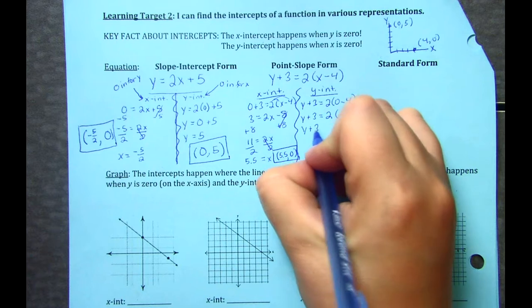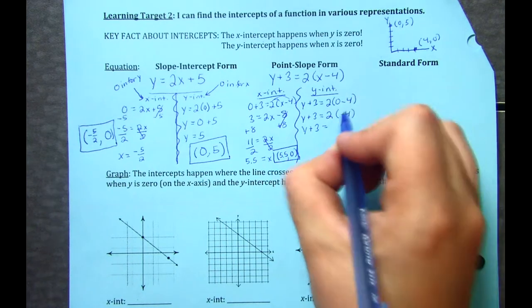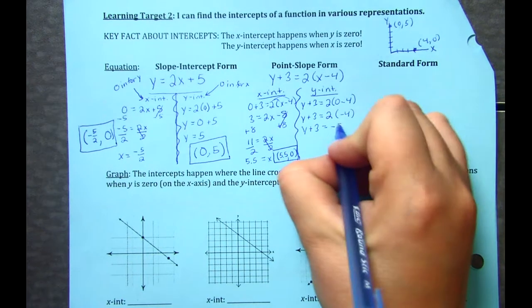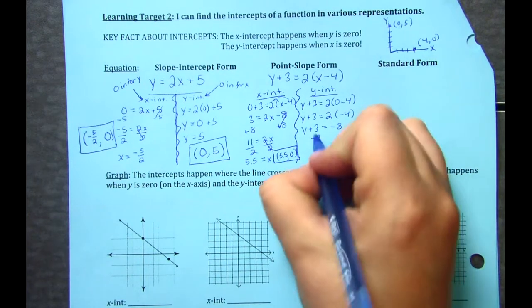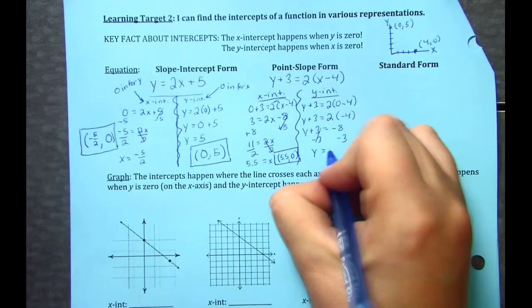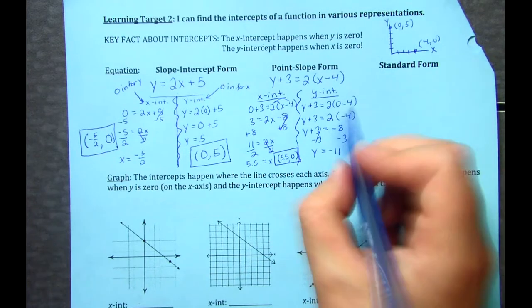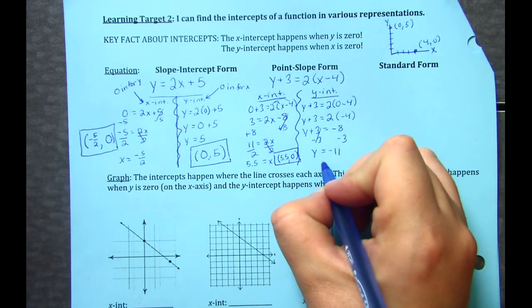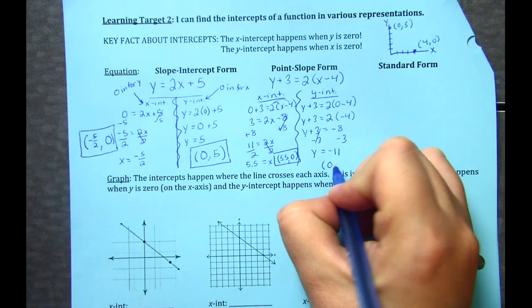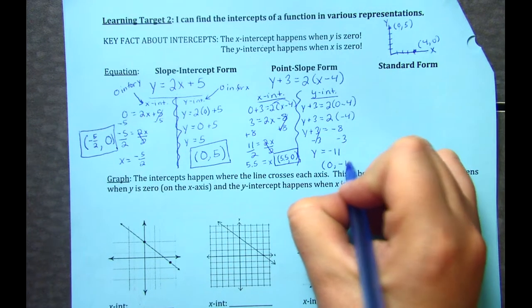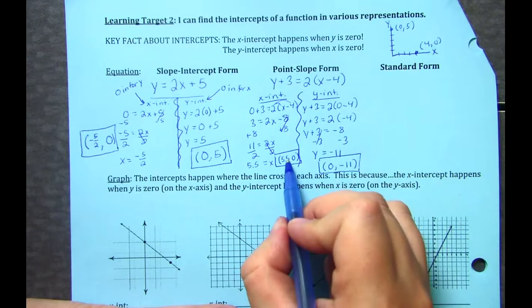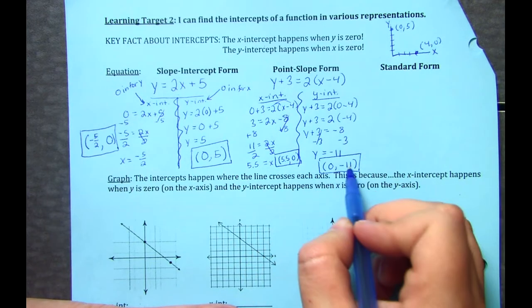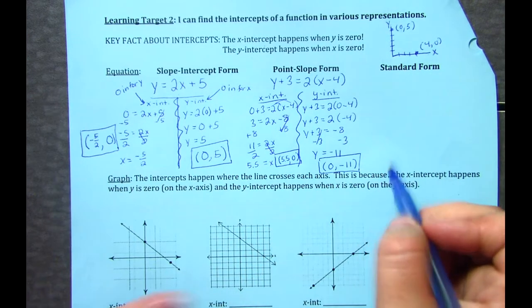So y plus 3 equals 2 times negative 4, which is negative 8. Subtract 3 from both sides, so y equals negative 11. So when I put 0 in for x, the y value is negative 11. My x-intercept is 5.5, and my y-intercept is negative 11.